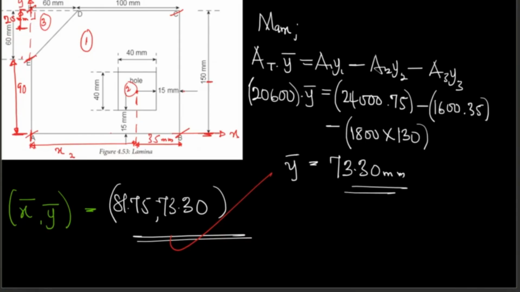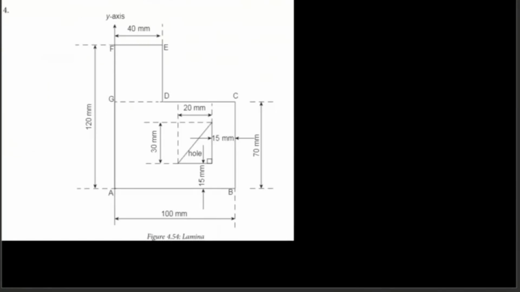You can check the new textbook because I'm using the old textbook, but I suppose the answers should be the same. So this is how it is done. Any questions? Let's go deeper into the more technical one.